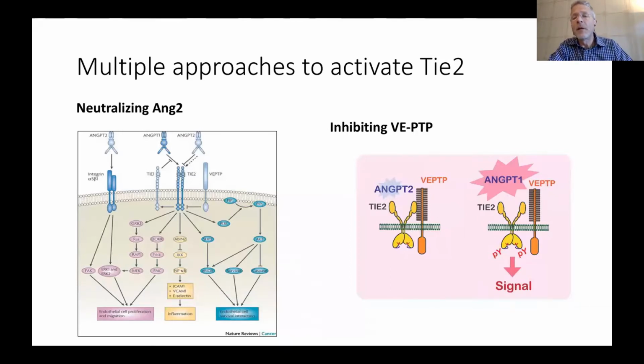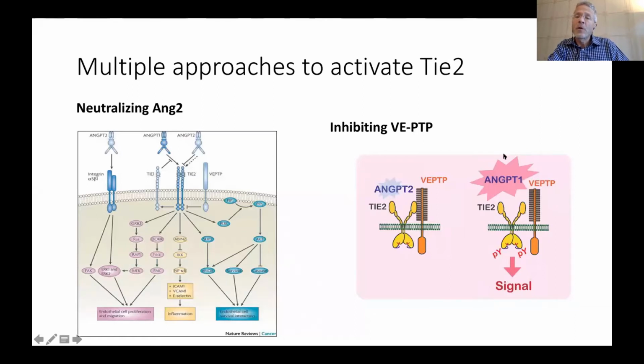Tie2 may not be that kind that fits into that simple story. Tie2 instead may be constitutively on, and VE-PTP, this phosphatase, associates with it and dephosphorylates it, and that's the way that the kinase is kept off, by the presence of VE-PTP.